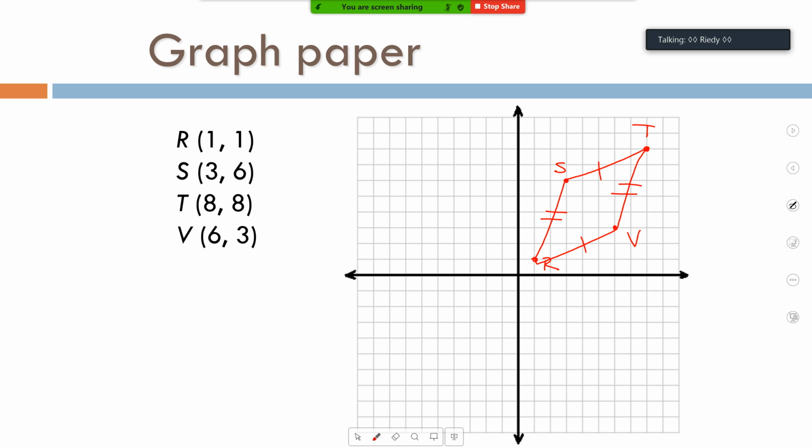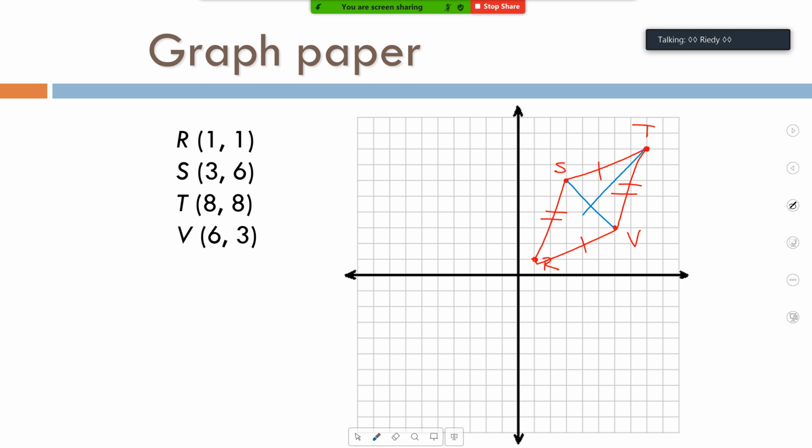Now, one thing that we talked about that doesn't work very well is checking opposite angles. We can do it, it's just too much work to show that angle S is equal to angle V and angle R is equal to angle T. There is a third way, though. One of the things we talked about is the diagonals.